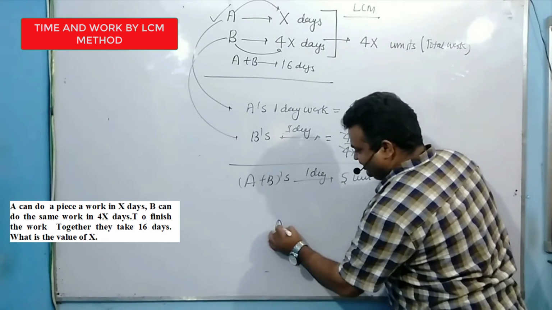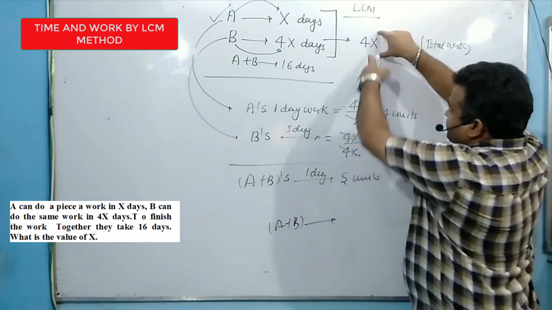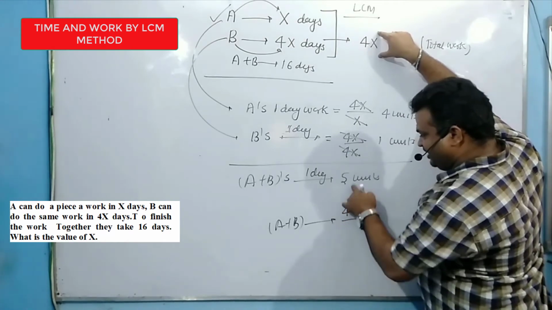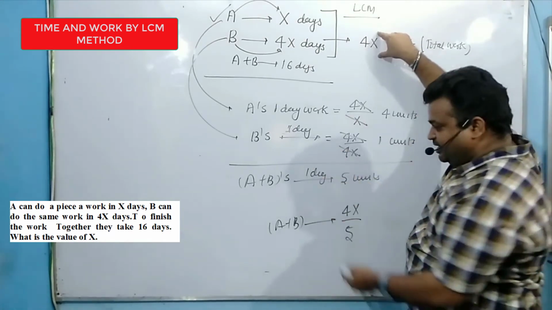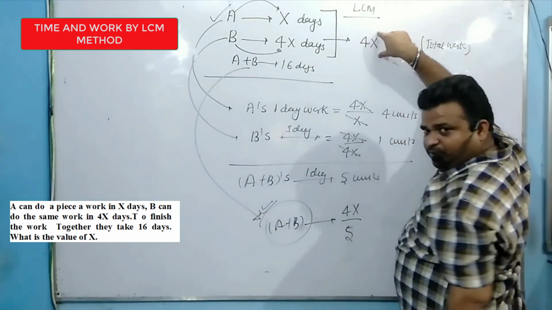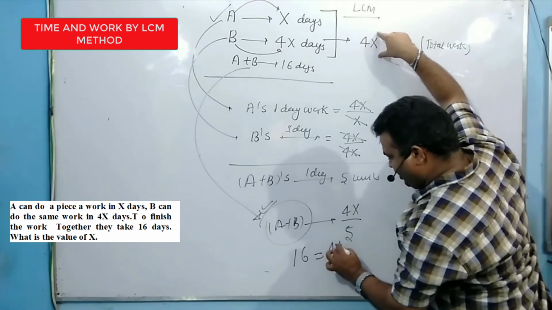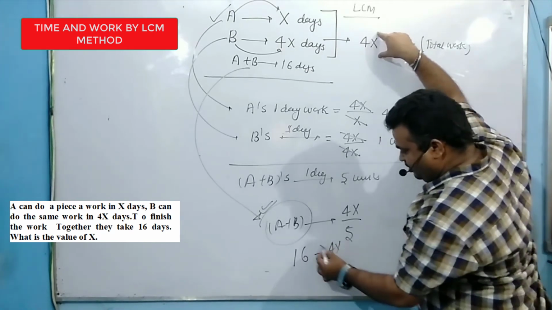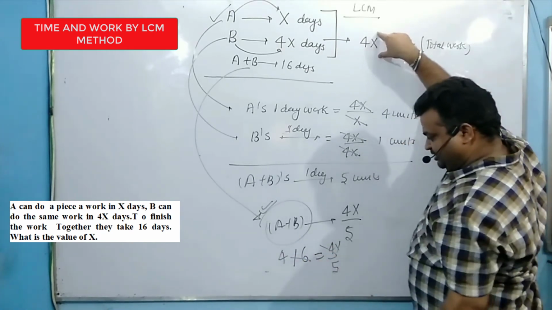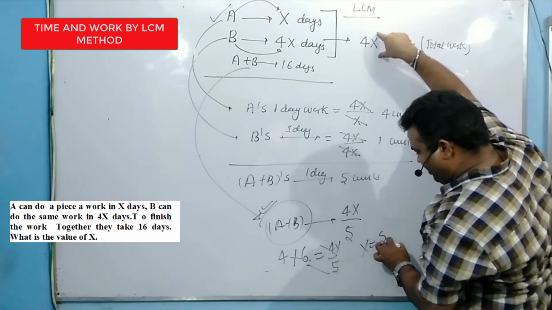तो देखो हम कैसे निकाल देते हैं, A plus B total work done is what? This 4x divided by this 5 will give me the total days, and this value is already given. So 16 is equal to 4x by 5. Clear? 4 4s are 16. So cross multiply. So x equal to 5 into 4.